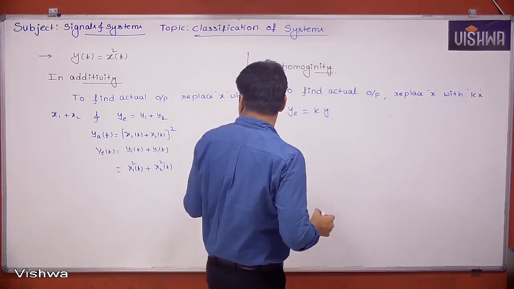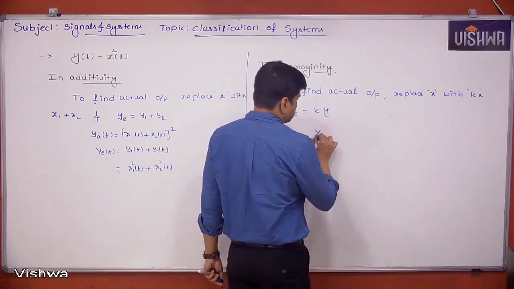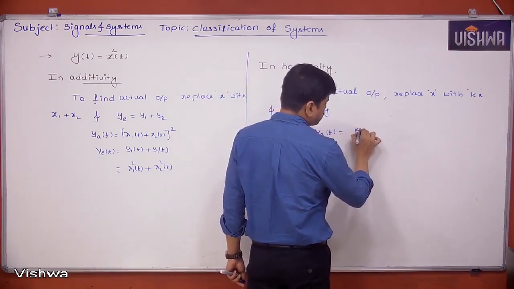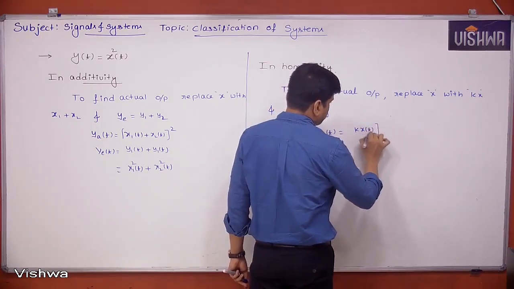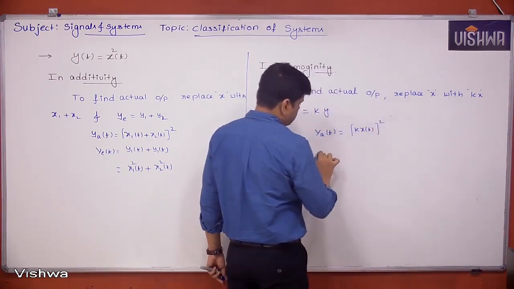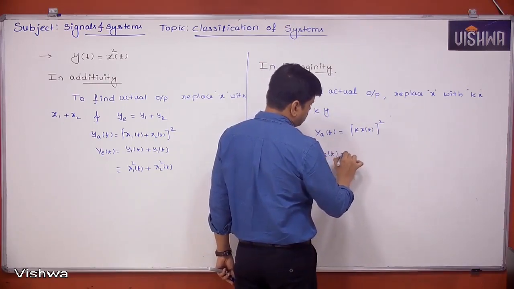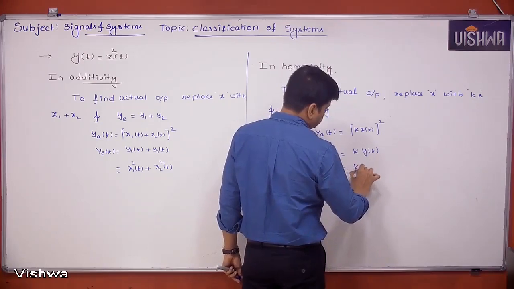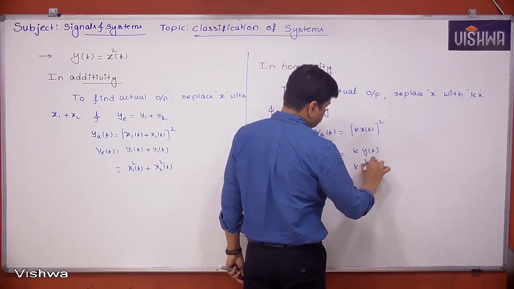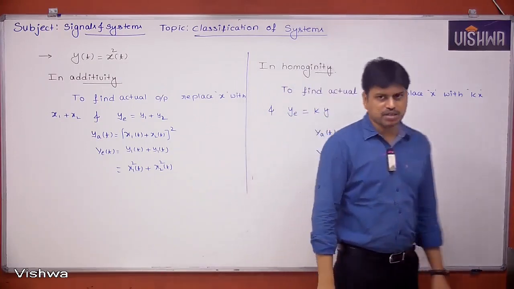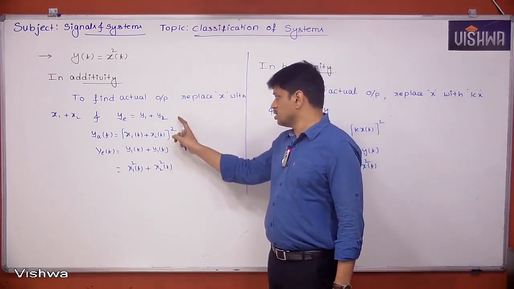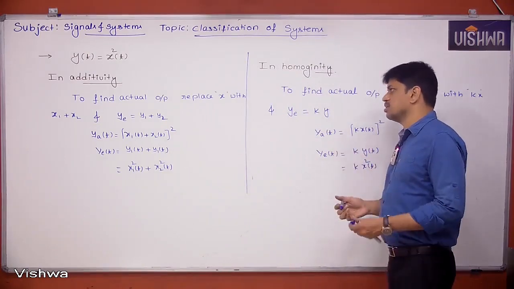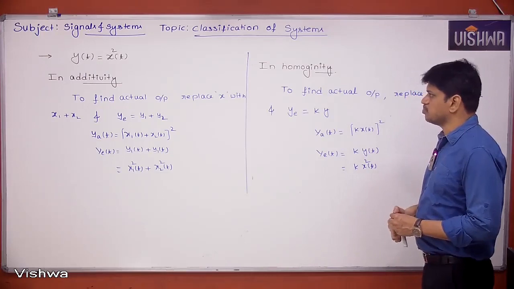Now try for this one, y of t is equal to x of t square. The actual output is, simply replace x with kx, so k x of t, whole square. Then what is the expected output, which is nothing but k y of t. Whatever y of t is there has to be multiplied with k, so it is k x of t square. In this way we can directly find, in these 4 steps, whether it is a linear system or not. Okay, take it.